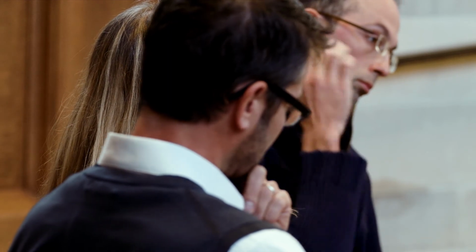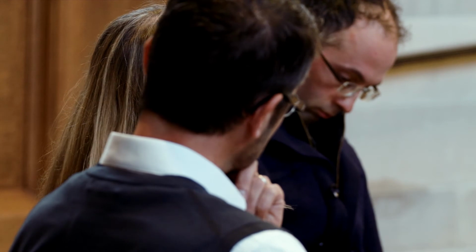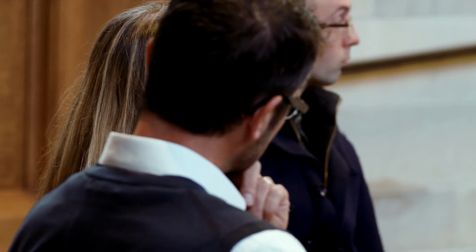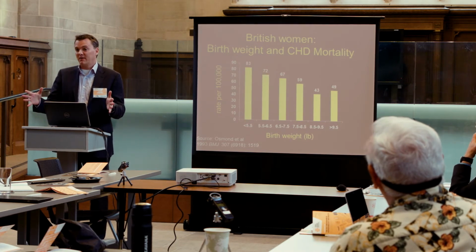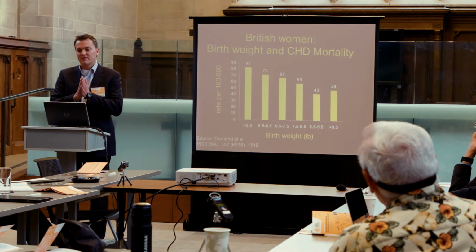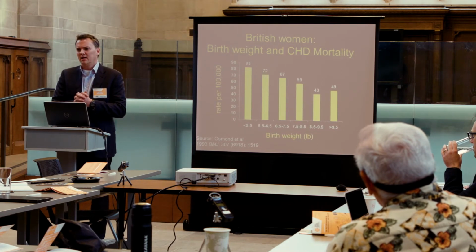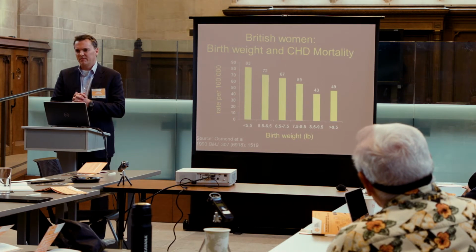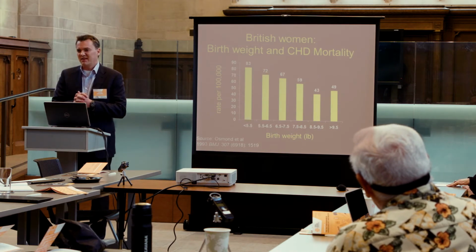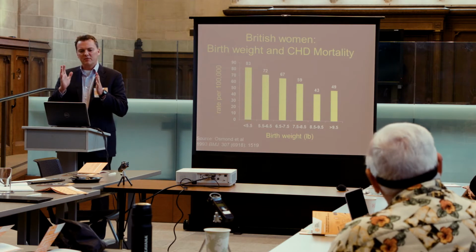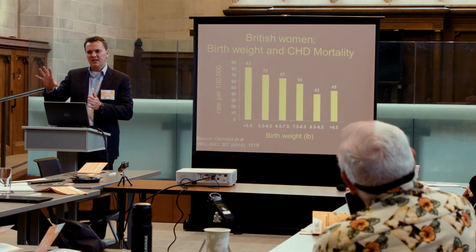Is there stuff that happens in later development that can still be programmed? Yeah, there's not perfect clarity on this, but there certainly is a lot of evidence for conceptional or even paraconceptional, really early exposures having particularly big effects. Some of that has to do with how the placenta ends up growing. If you restrict diet early, the placenta will overgrow as a way to compensate.